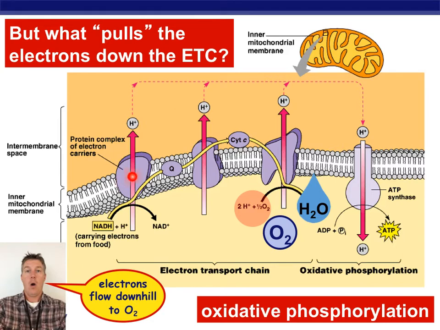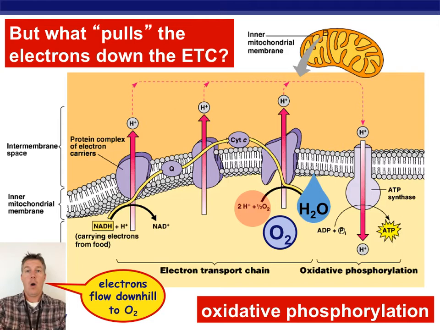These electrons are going to flow downhill, and eventually, at the lowest state, they are going to be accepted by the final acceptor, oxygen. So oxygen is going to accept the electrons from the transport chain, as well as the hydrogens that are falling back down a concentration gradient across the inner mitochondrial membrane, to form water.